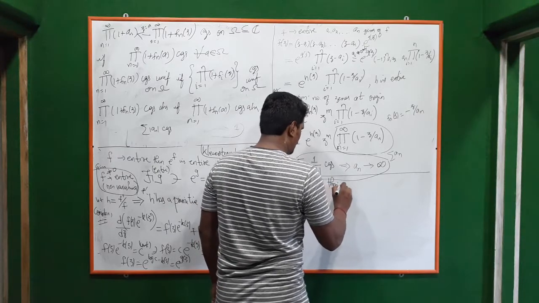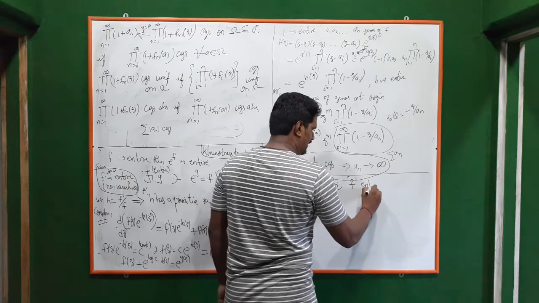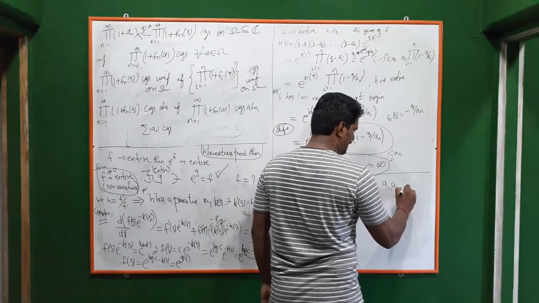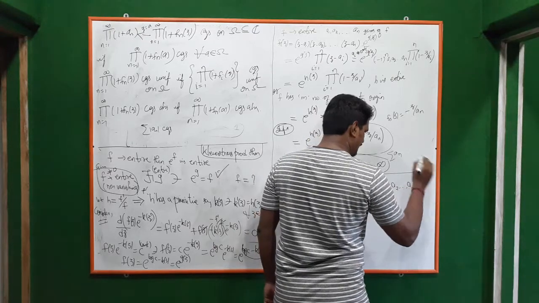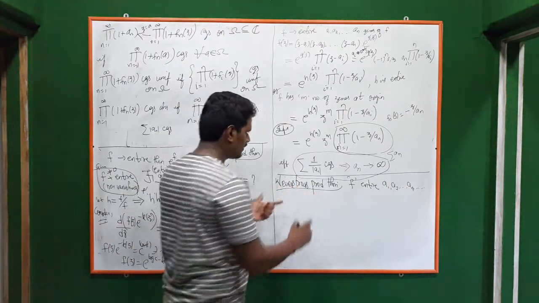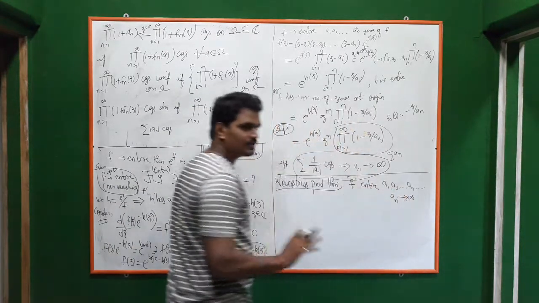The Weierstrass product theorem is for a function f which is entire and has zeros at a1, a2, and so on, up to an infinite case. Finite or infinite, but in the case of infinite, a_n should go to infinity, diverge, not converge.